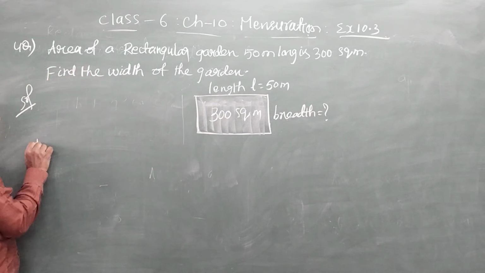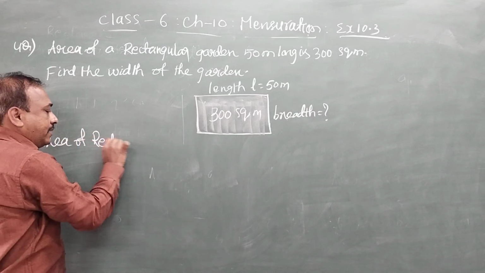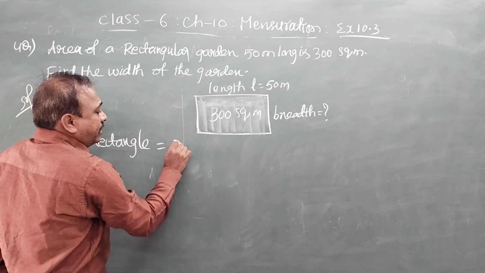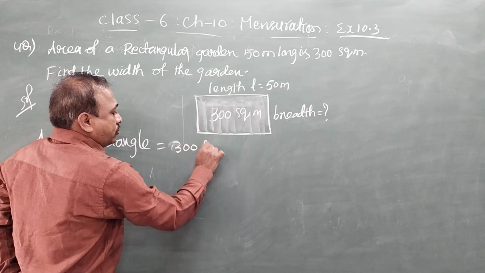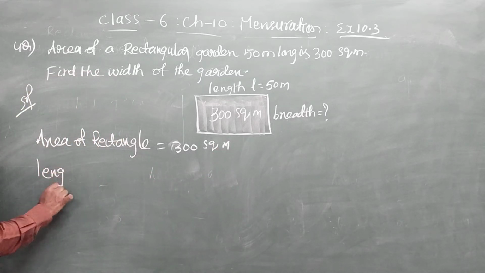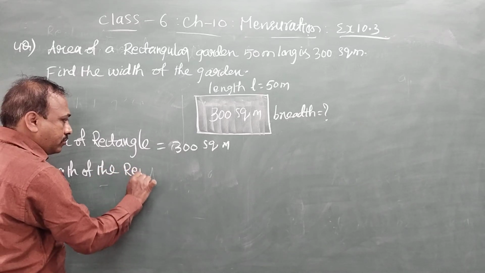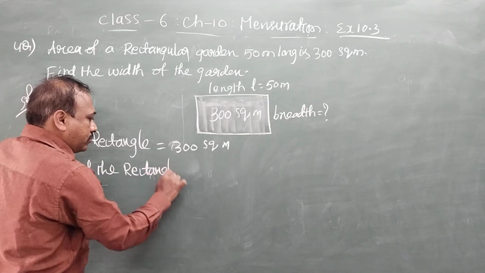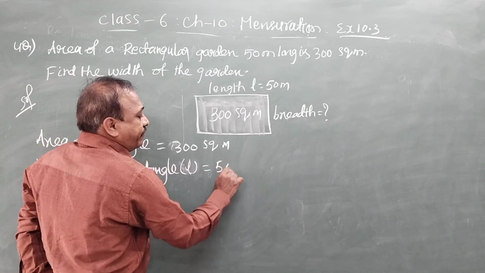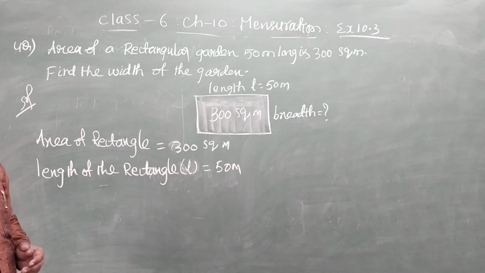So area of the rectangle is equal to 300 square meters. Length of the rectangle, which is L, is equal to 50 meters. Now we have to find the breadth.